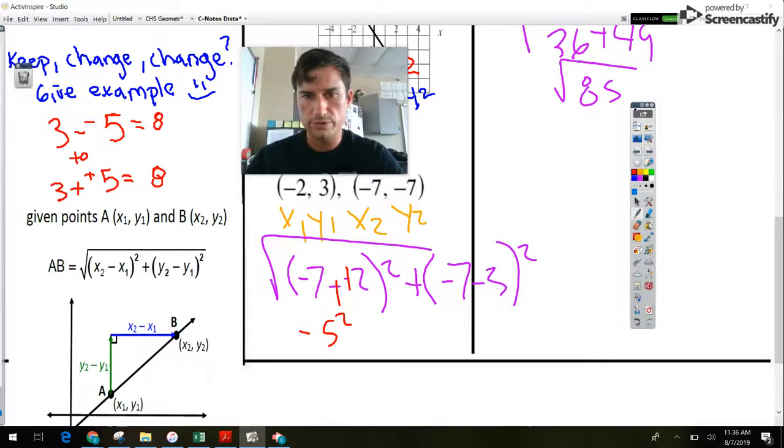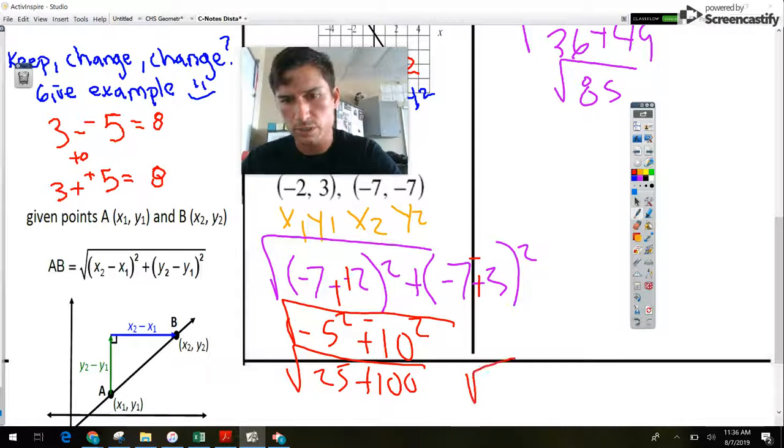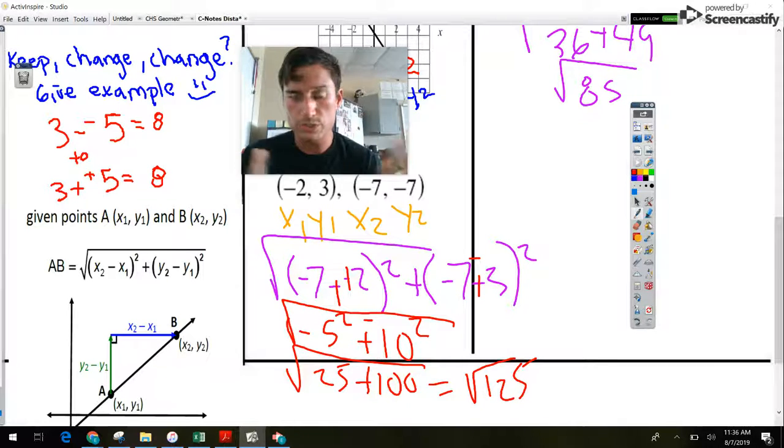Move this over. Keep, change. So that gives us negative 10 squared. So that's 25 plus 100. Keep the square root coming. So that's square root 125. Again, you can put it into your calculator.